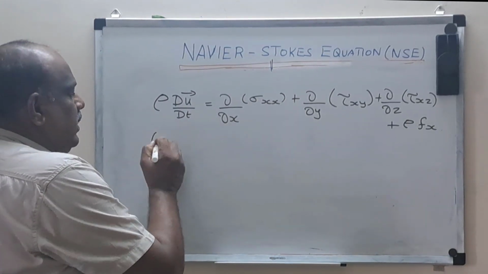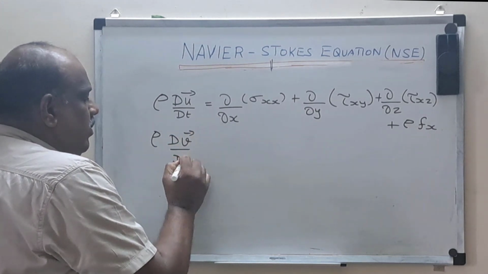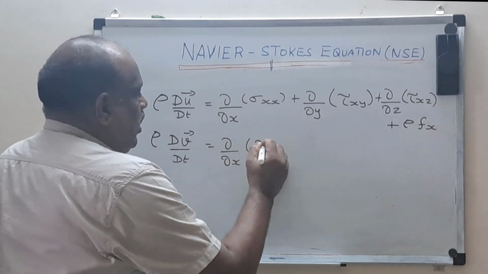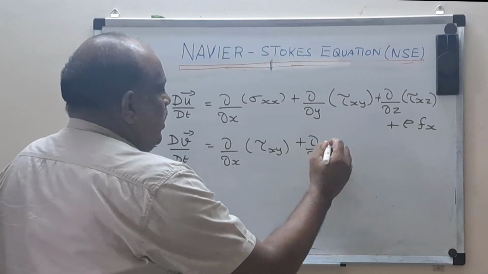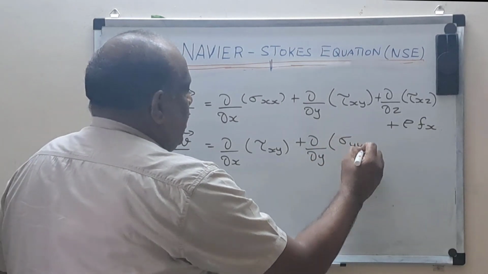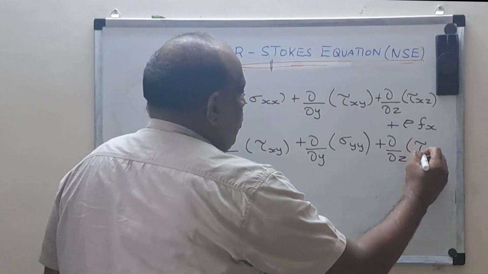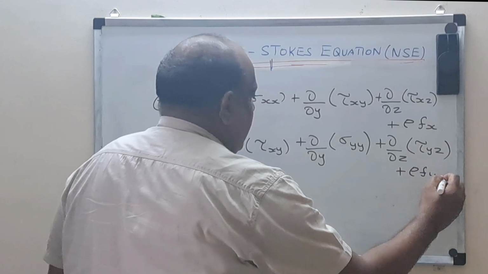Similarly, rho into dv by dt is equal to dou by dou x of tau xy plus dou by dou y of sigma yy plus dou by dou z of tau yz plus rho into fy.